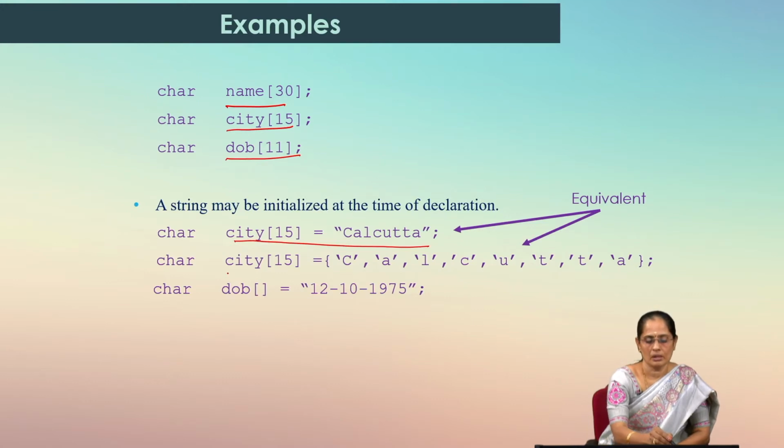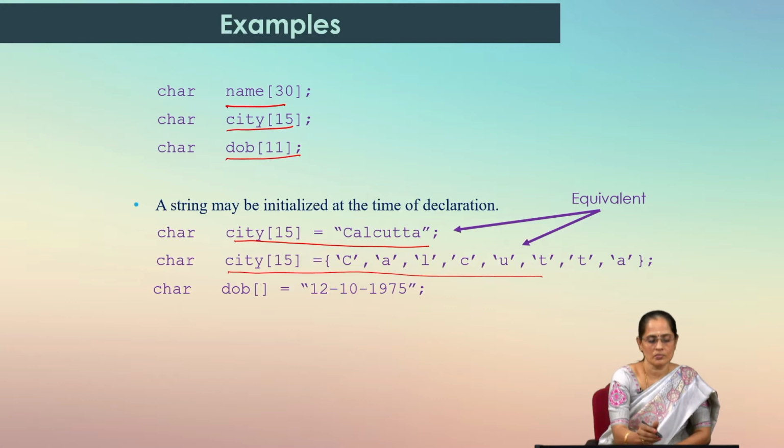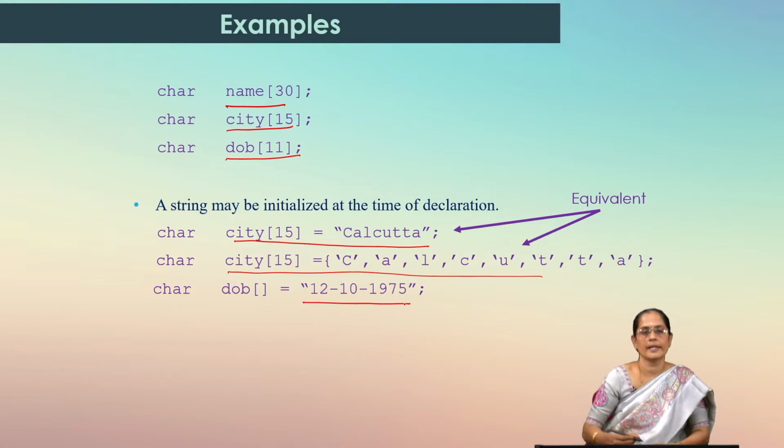Also, this can be declared by giving individual characters enclosed within single quotes. We can also store the date of birth as a date enclosed within double quotes. So, this way we can even store a date as a string in C language. This will help us process the dates.